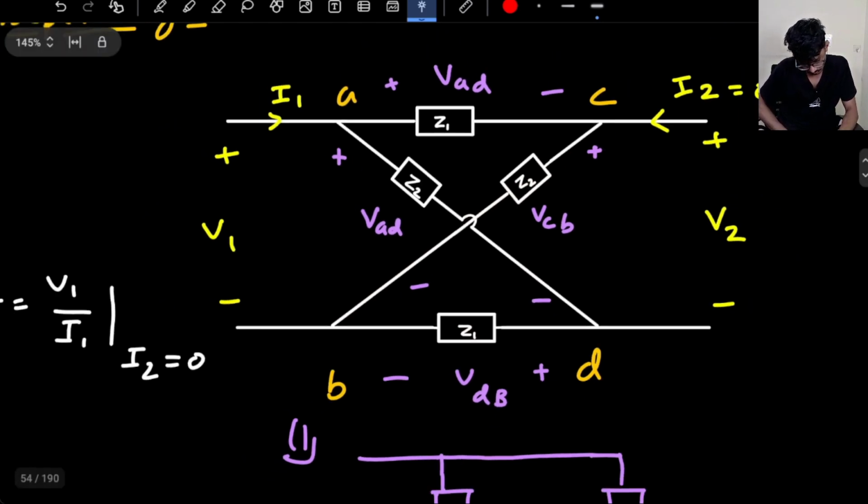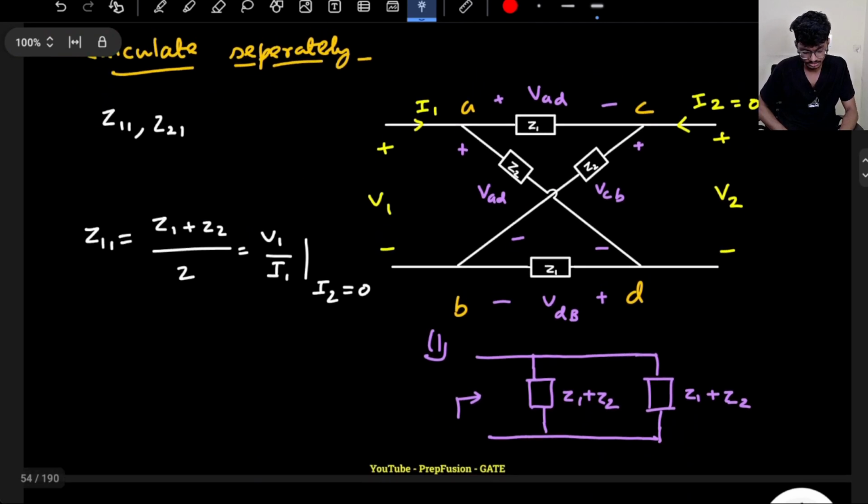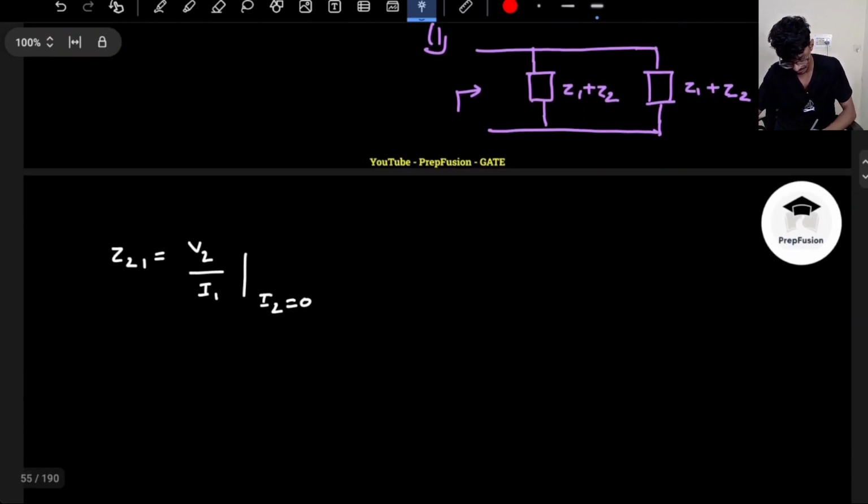So basically you have to write V2 by I1. One thing I know is what I1 equals.